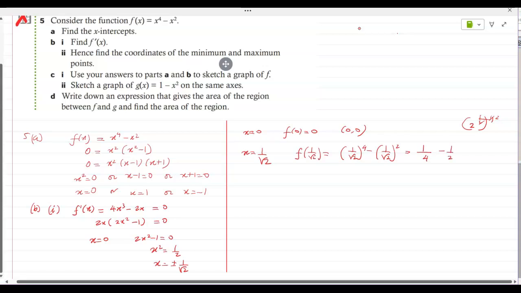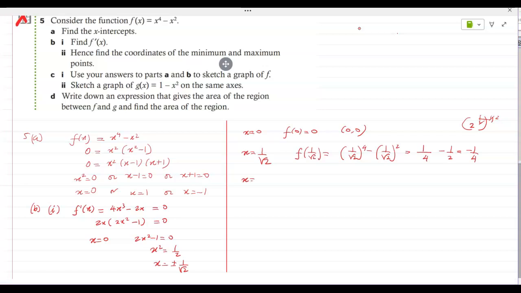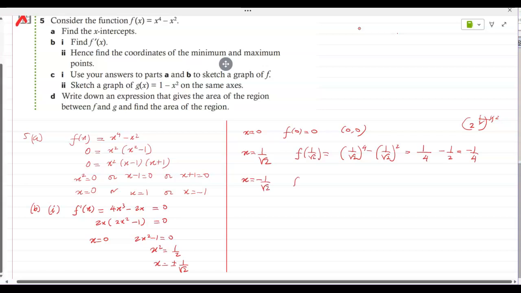Yeah. So that is minus 1 over 4. Then x is equal to minus 1 over root 2. f of minus 1 over root 2 is minus 1 over root 2 raised to 4 minus 1 over root 2 square. So that would be what? 1 over 4. Correct? That's also minus 1 over 4.